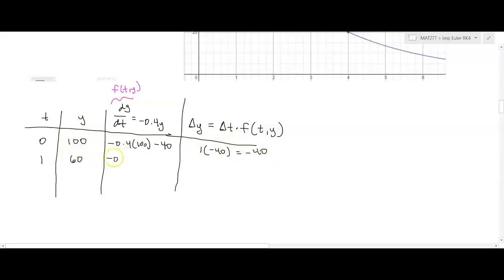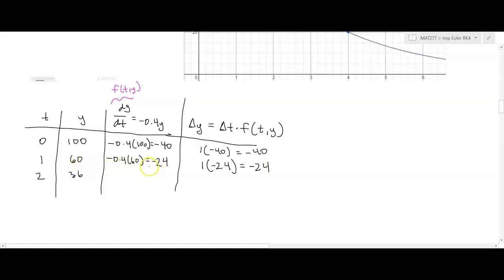And now we'll repeat this, negative 0.4 of 60, which comes out to negative 24. Okay, and so again, I'll take 1 unit of time, negative 24 units per unit of time, which is negative 24. And so now that 60 is expected to decrease by 24 in 1 year, which comes out to 36.